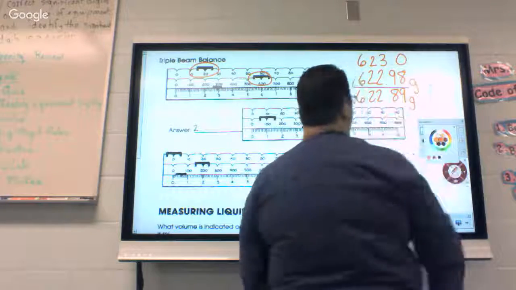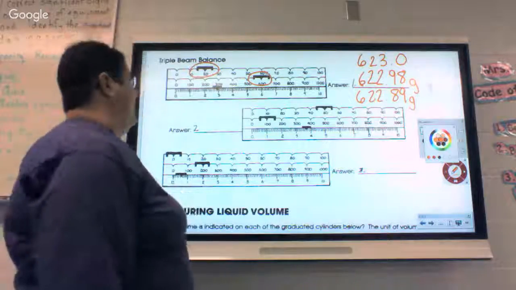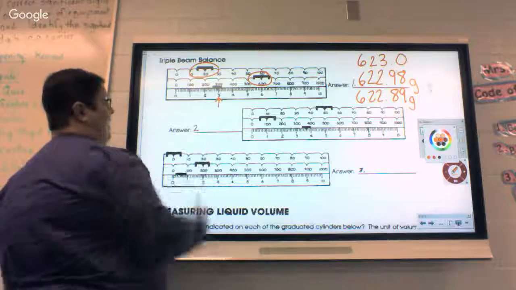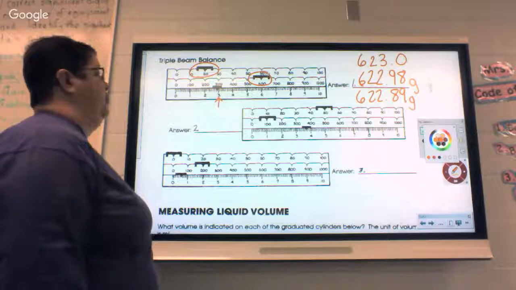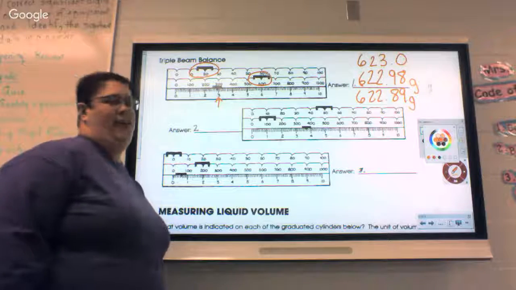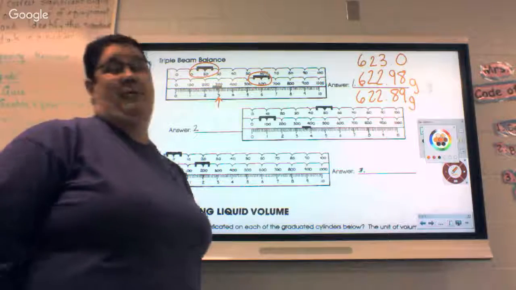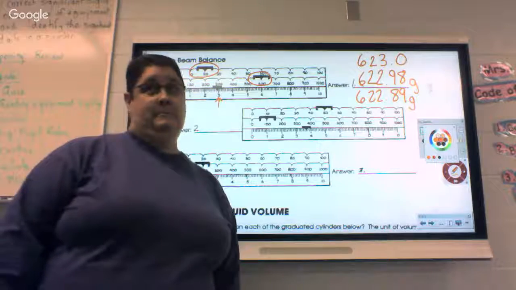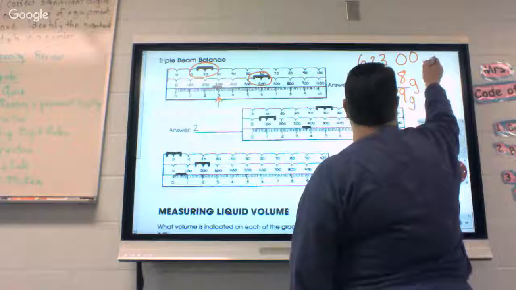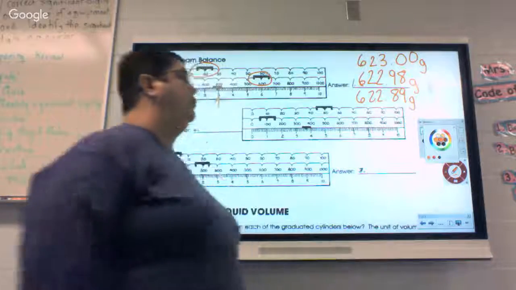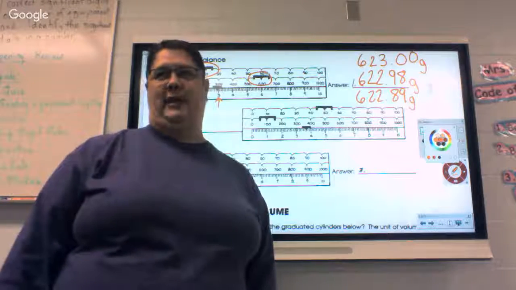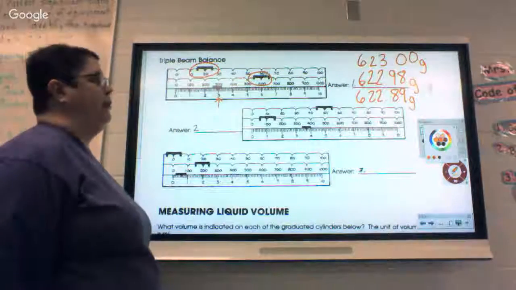If you say it's exactly on the 623 line, I don't think it really is, but some people tell me it looks like it's exactly on that line right there. 623 has no tenths. What's the guess got to be if it's exactly on the line? Can you just not put a guess? Got to have a guess. You put a 0 there if you think it's exactly on the line. Okay, any of those would be okay. That one is the only one that's just truly terrible. The rest of them we should be able to do.